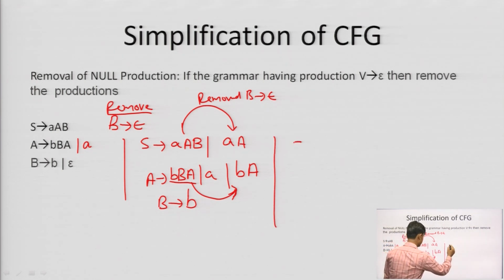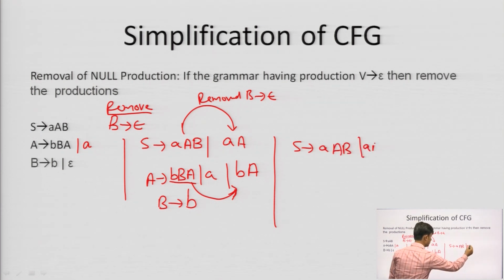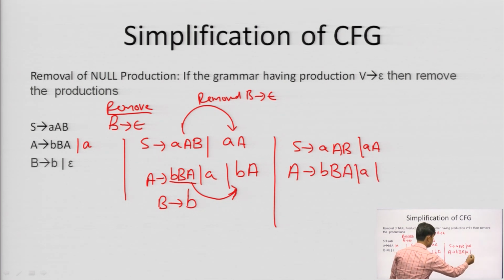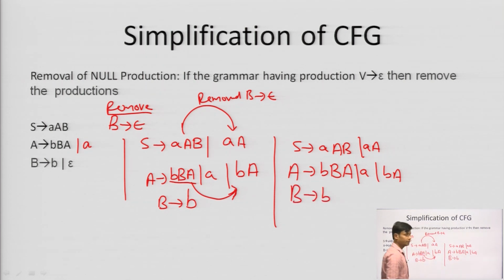Here the grammar is S to A B, and this is A, and A to B A, and this is A B A. So, now B to B B. So, this grammar is the grammar after removing the epsilon production, we got this grammar.